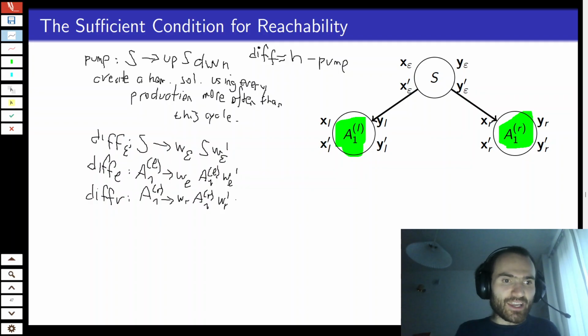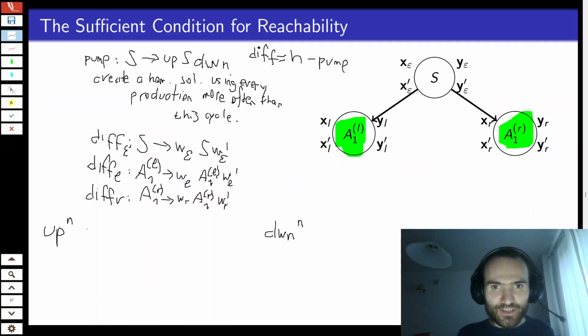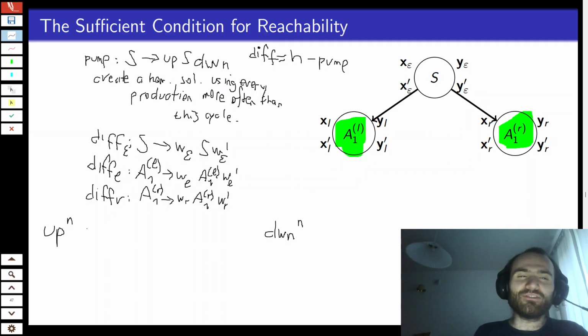And now you might wonder, okay, how does this help me? Well, let's forget about the Z run for now. What run are we going to produce? Well, we are going to do the following. First, we are going to repeat the pump n times. This causes our word to look something like this. And then in the middle we are going to do the difference n times.